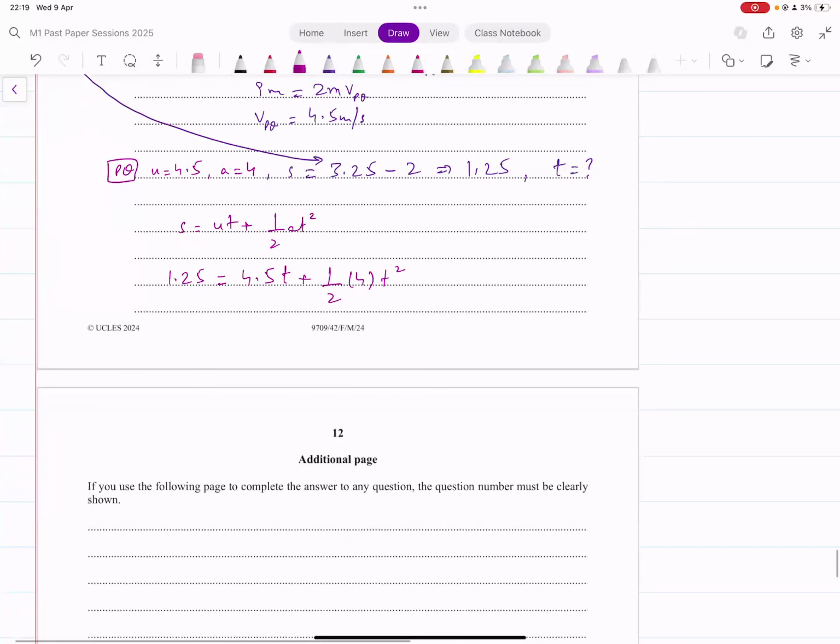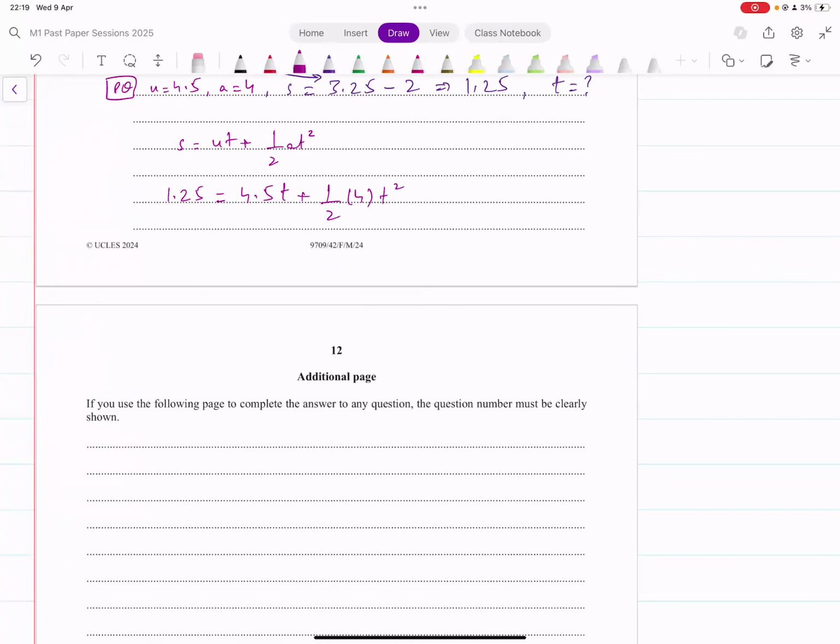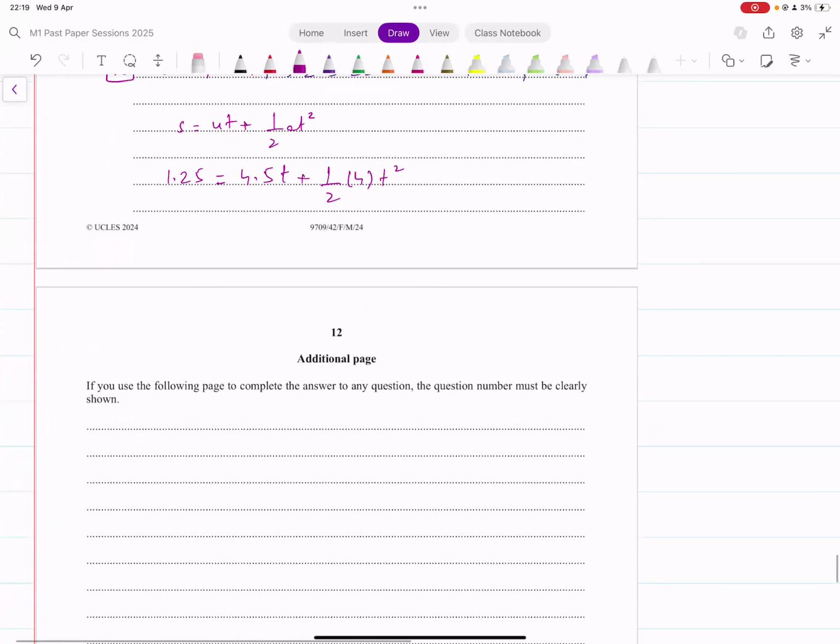Now, if all of that was not enough, they want you to solve a quadratic equation as well. So that's 2.5 equals 9T plus, oh no, this actually gets simplified. You can cancel this out. This gives you 2. So that's 1.25 equals 4.5T plus 2T squared.